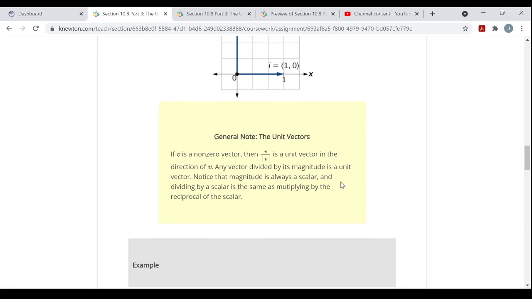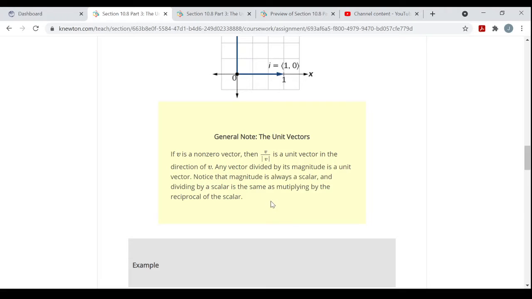So I mentioned this a second ago, they're just describing it here. So if v is a non-zero vector, then v divided by the length of v, or multiplied by the reciprocal of the length or the magnitude, that will be a unit vector that points in the same direction that v does.